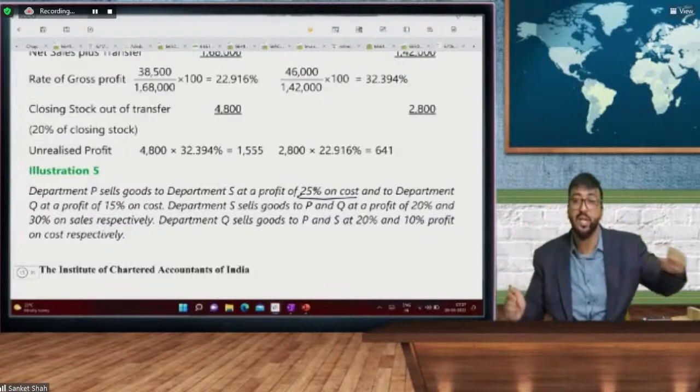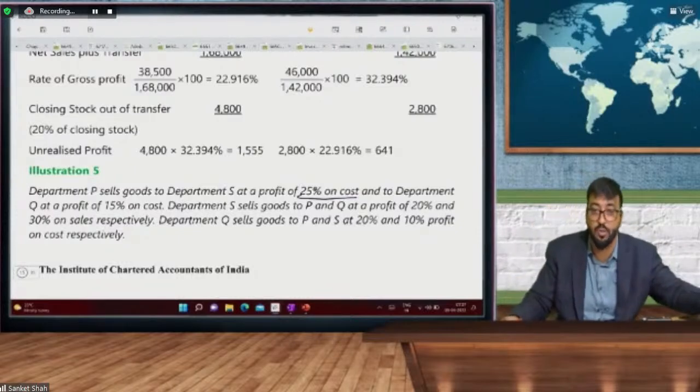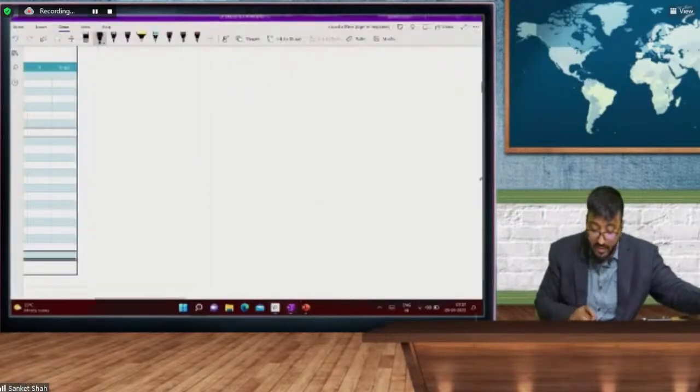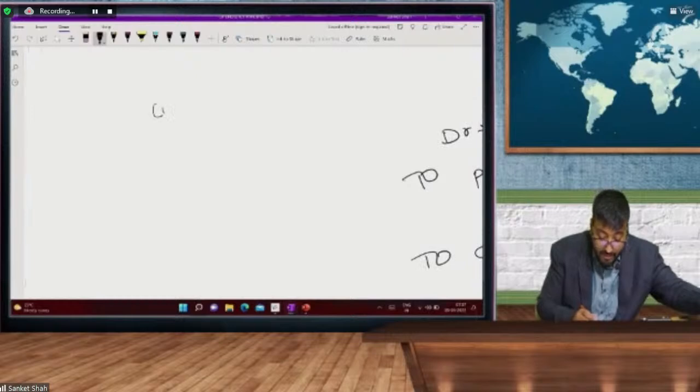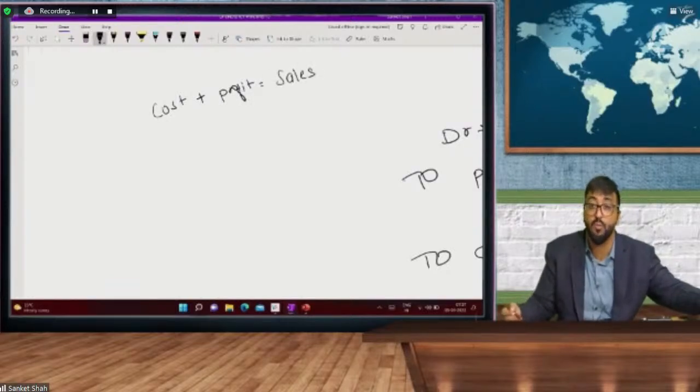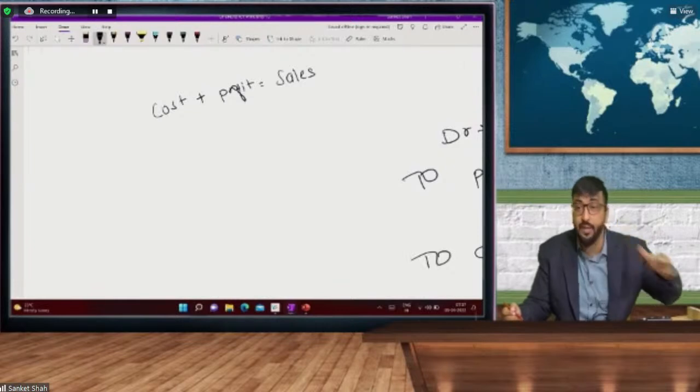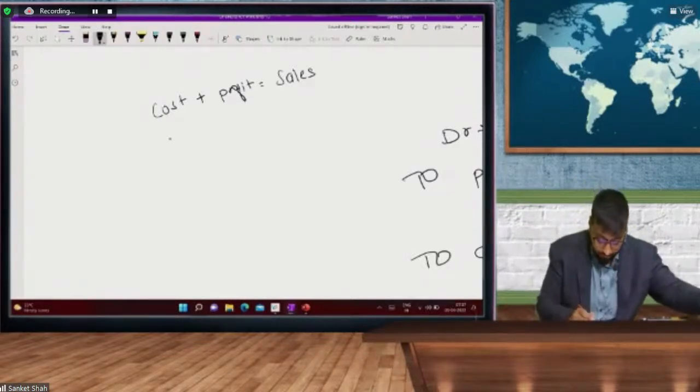Now Pooja ji is having a lot of confusion. See beta Pooja, in 11th, 12th standard or even 5th standard, we had a formula: cost plus profit is equal to sales. What is the formula? Cost plus profit is equal to sales.